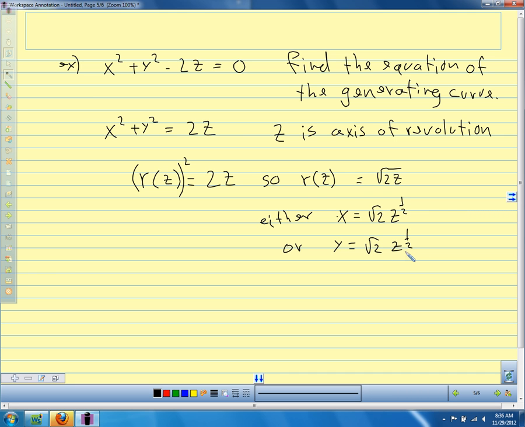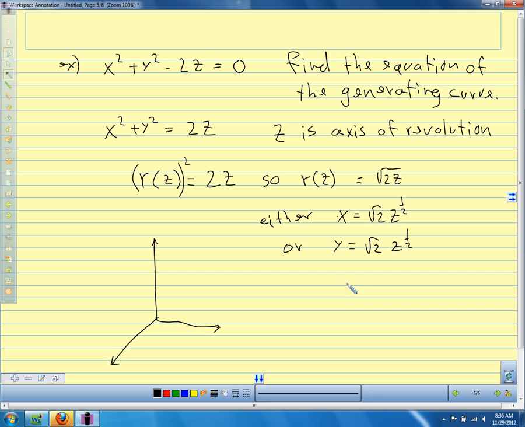Either of those generating curves will generate this surface of revolution. And if we sketched a quick graph of this, anybody have an idea of what this looks like? Y equals square root of 2z to the 1/2, or x equals square root of 2z to the 1/2.